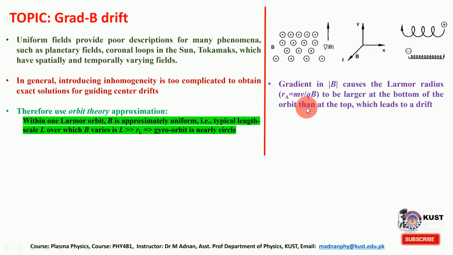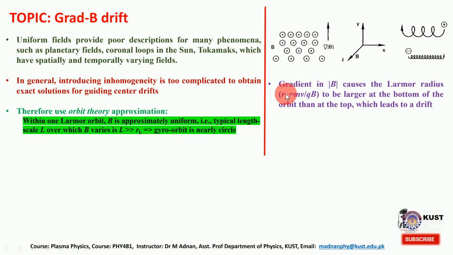Now this is our expectation, that is, the gradient in B. From the figure it is clear that as we move up along the y-axis, the density of the field lines increases, so this gradient in the magnitude of B causes the Larmor radius, which we discussed previously, that is due to that force QV cross B, to be larger at the bottom of the orbit than at the top, because the Larmor radius is inversely proportional to the strength of the magnetic field.